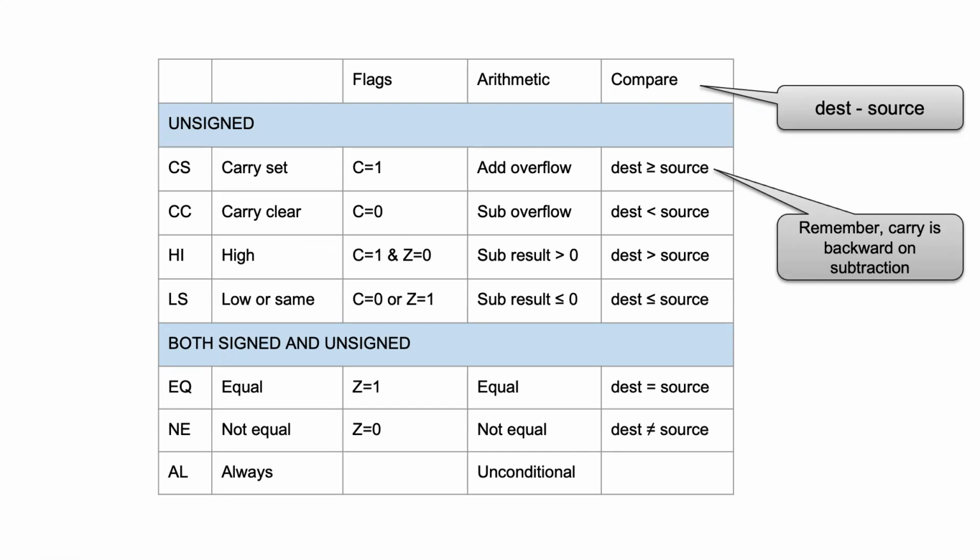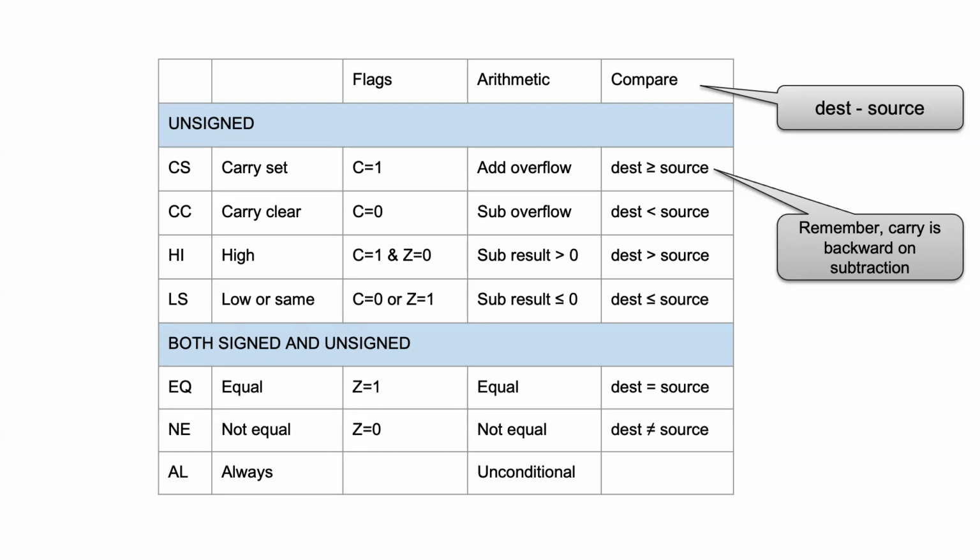And this is some of what we just talked about. If you just did a comparison, then at least you just did a subtraction, because the way to use these flags depends on whether you did an add or a subtract, but a comparison is a subtract. So if you just computed dest minus source, if dest is bigger than or equal to source, then carry should still be 1.